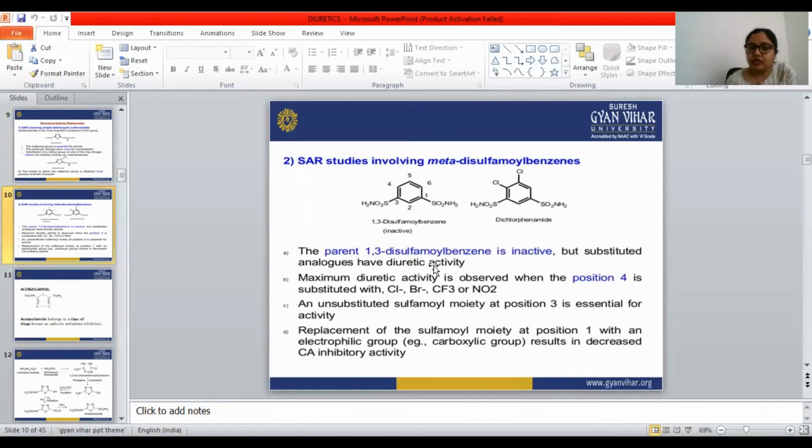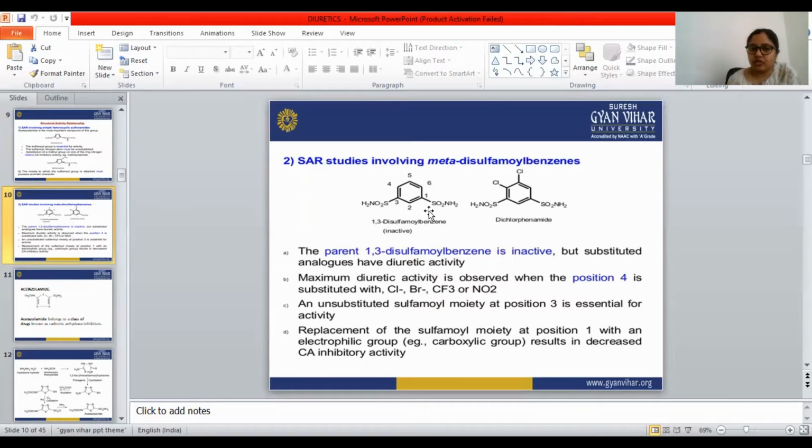But substituted analogs have diuretic activity. If we introduce a chloride in this structure, it becomes active. The maximum diuretic activity is observed when position 4 is substituted with Br, Cl, CF3, or NO2.